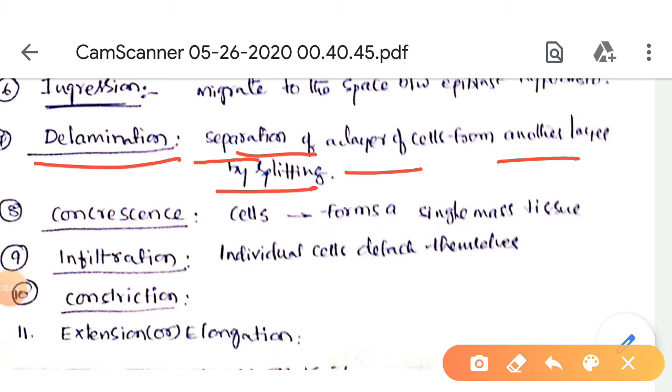So here we can see an example. The separation of endodermal, mesodermal and notochordal cells from each other is a good example for delamination. Delamination means separation of a layer of cells from another layer by a splitting process.